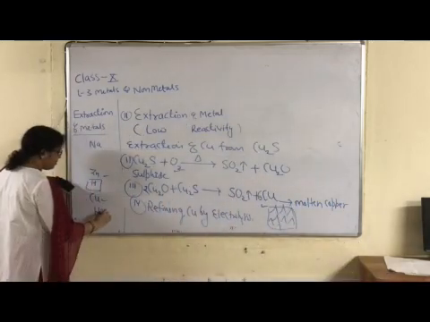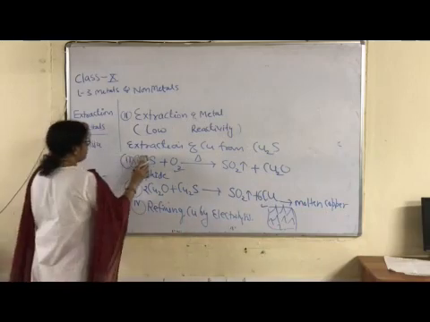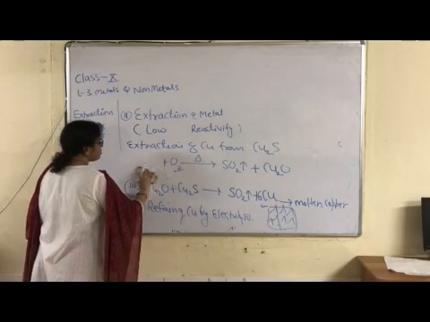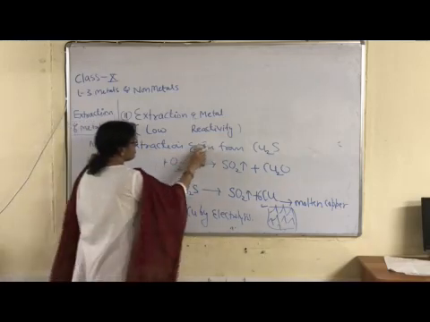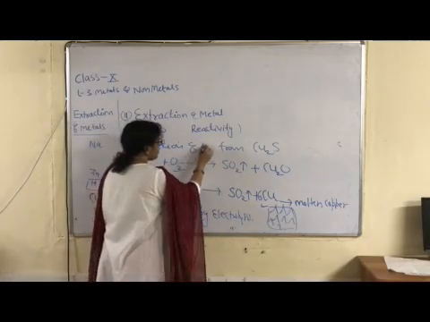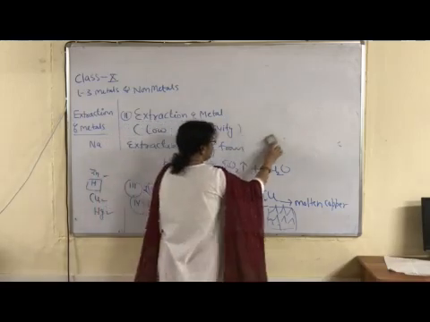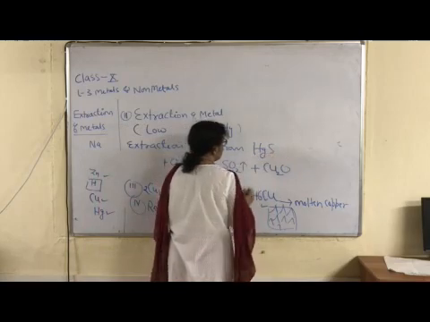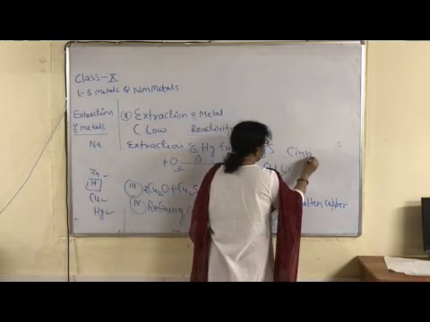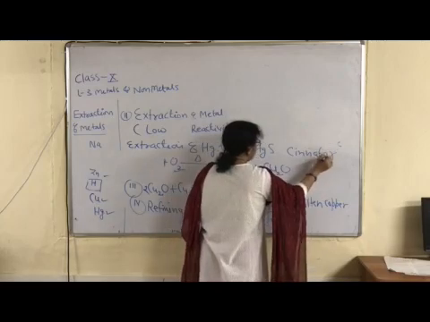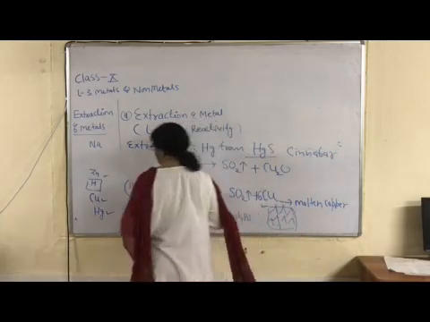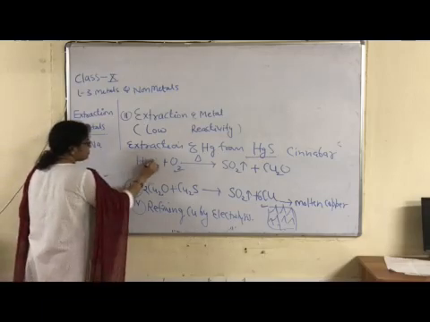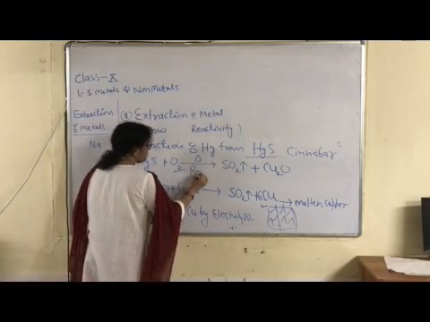If mercury is taken and mercury is present in sulfide form, this step is common step. Roasting is common. This HgS is also known as Cinnabar. Common name Cinnabar and chemical name mercury sulfide. Roasting.